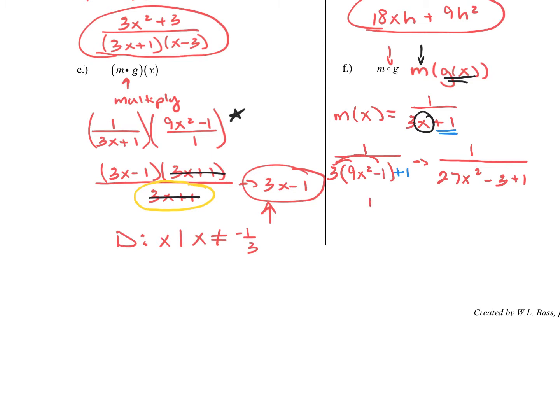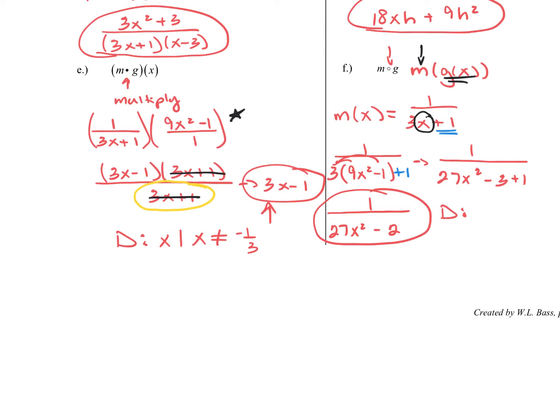So my new function becomes 27x squared minus 2. Now, when I do that, and this is going to be that final answer, and this looks just fine. When we find the domain for this composed function, just like that last problem, I want to consider any restrictions from this inner function.